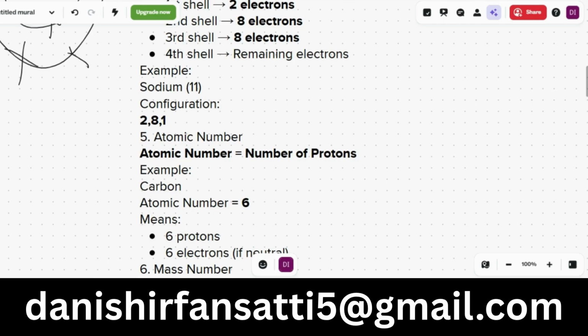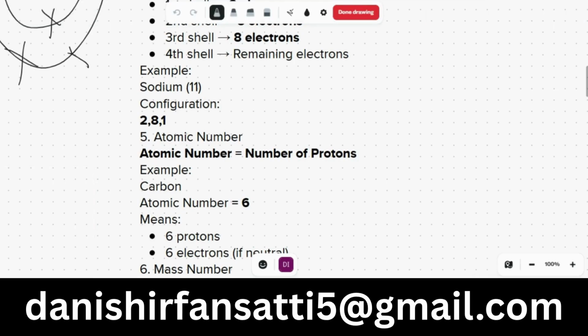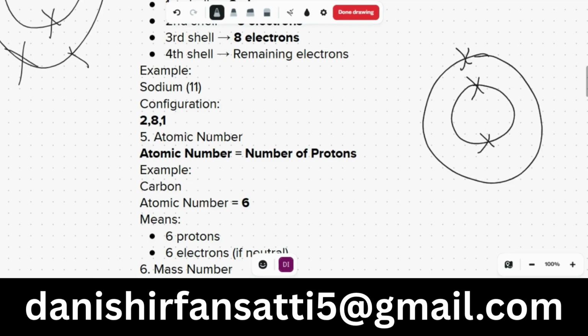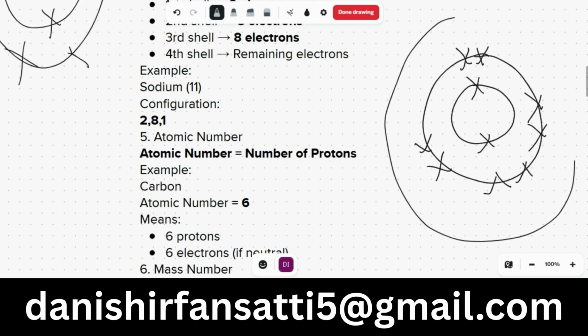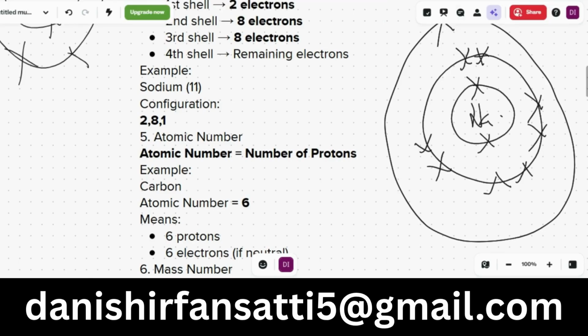In its first shell it will have 2 electrons. In its second shell it will have 8 electrons. And how many electrons remain? One. So in the third shell it has just 1 electron. We will discuss it when we complete this series.